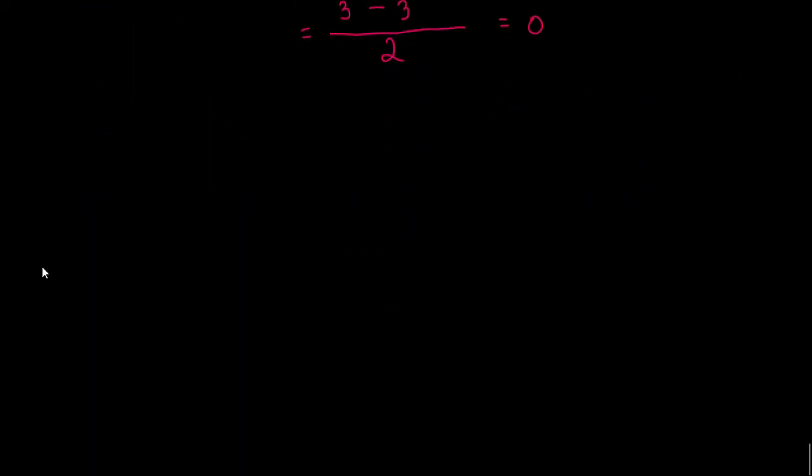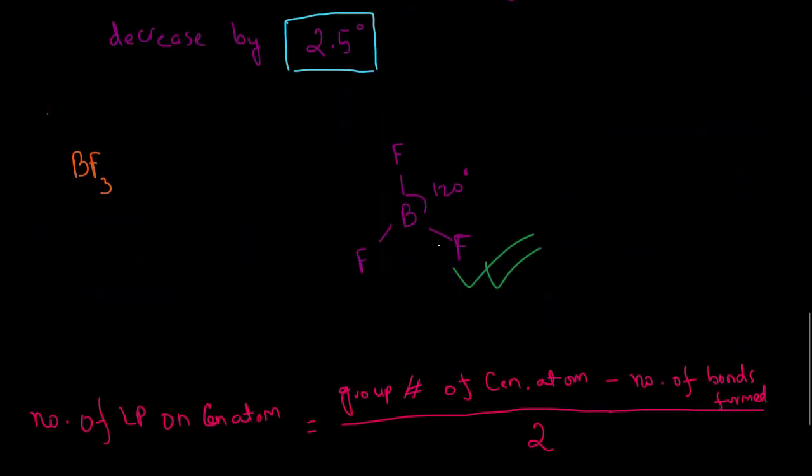Now let's look at something else. Let's say that we are dealing with NH3. Now you might think that it also has 3 bond pairs and the nitrogen is the central atom, so I can just say that this is also trigonal planar and the bond angle is 120 degrees.